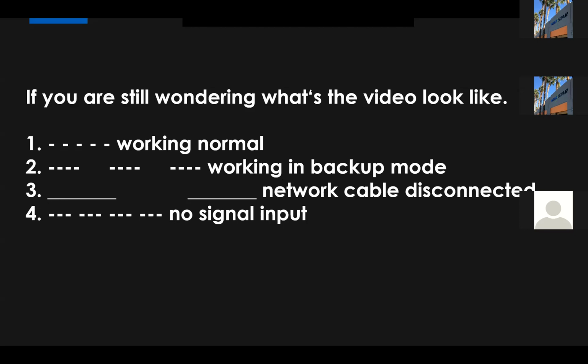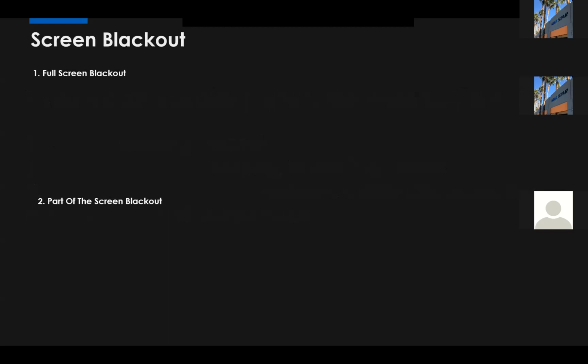All right, let's go to the cases. For the screen blackout, when we meet the blackout issue, there are two situations. The first one is the whole screen is black.